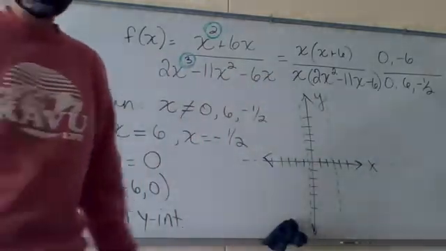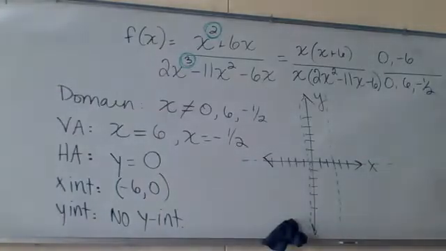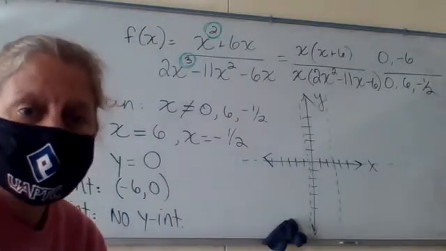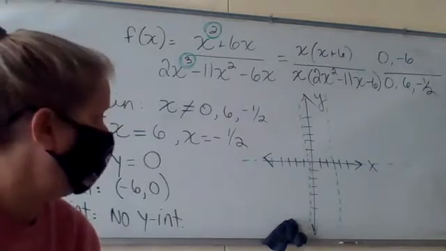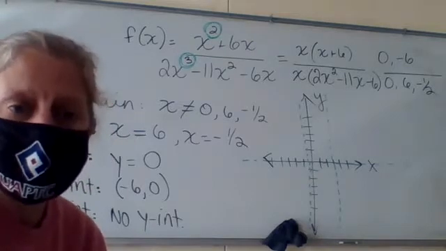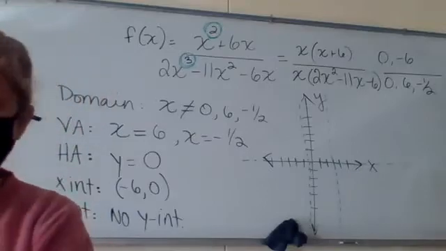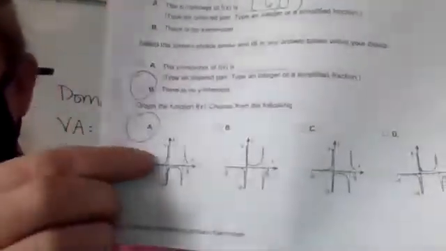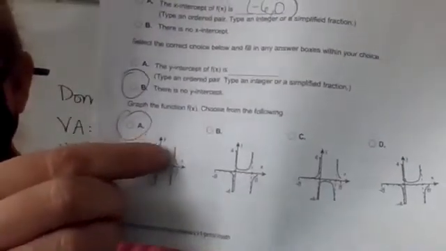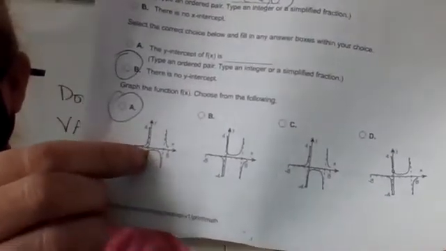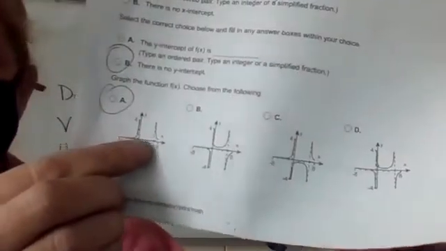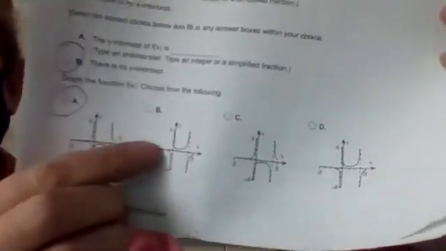A lot of times on the previous problems, I've been able to look at my multiple choice options and decide which one my graph would match just by knowing those 3 things. But if I look at these multiple choice options, A has vertical asymptotes at -1/2 and +6, and a horizontal asymptote at 0.